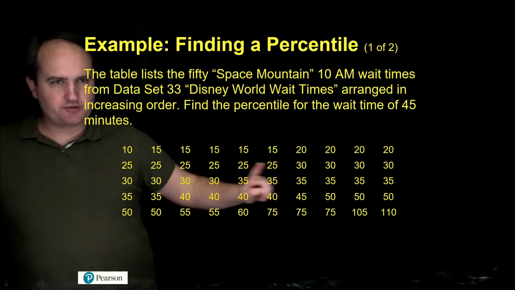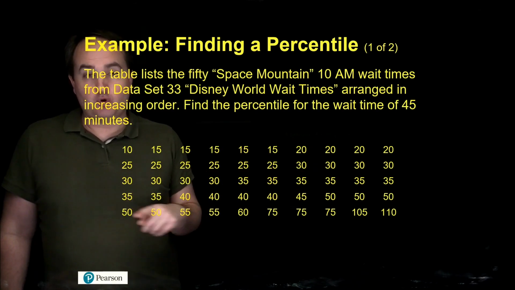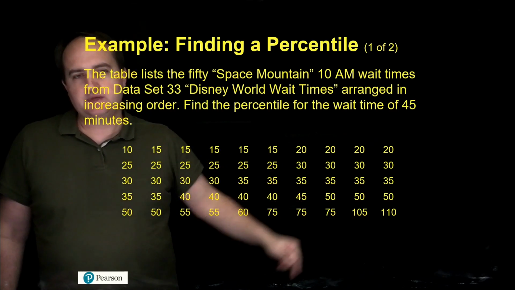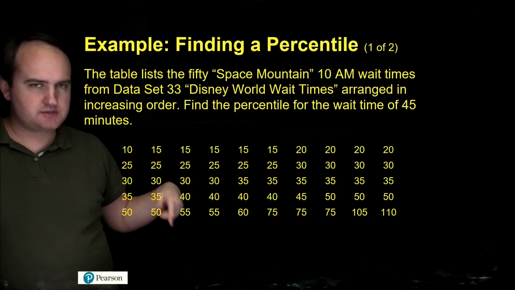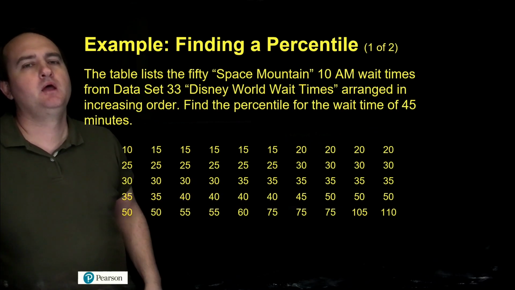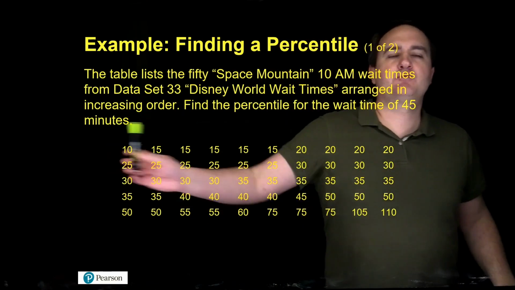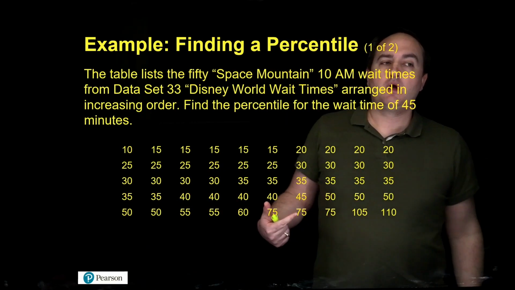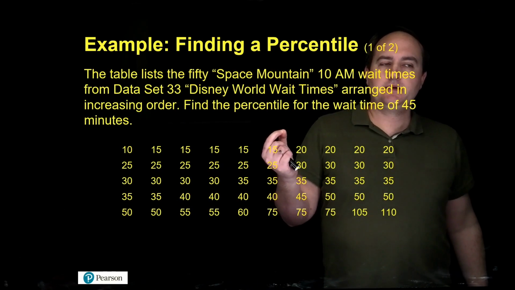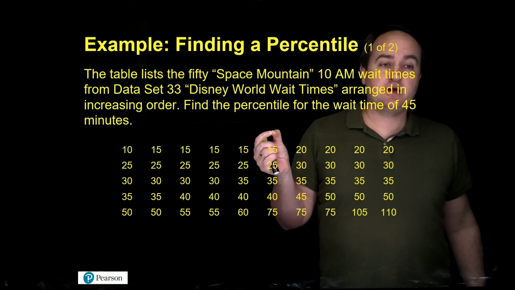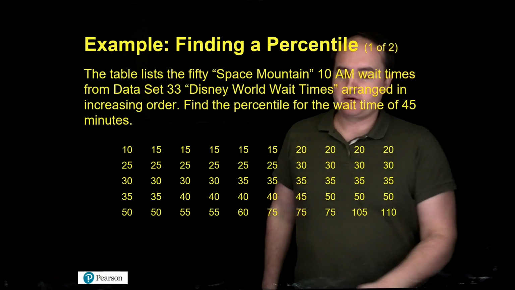But make sure you look through before you start the problem, and make sure that it's actually in increasing order. But this one is in increasing order, so we don't have to do that. Okay, so how do we find the percentile for the wait time of 45 minutes? All we have to do is look at the formula and correctly identify each part of the formula.